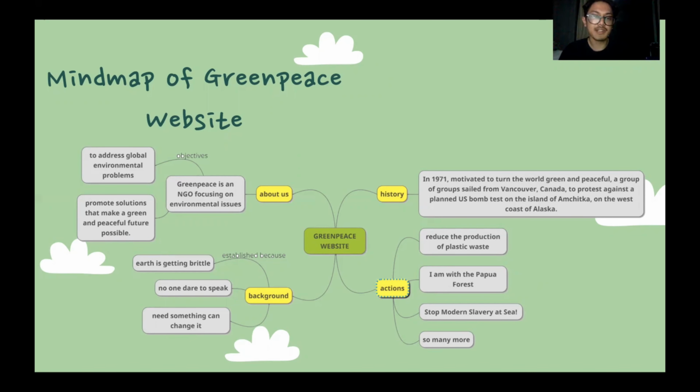In the About Us branch, it basically tells about the company's description, history, mission statements, and values, and so on. While on the Actions branch, it helps show the activities of Greenpeace that have been conducted, especially in facing environmental issues such as plastic waste, forest fires, and others.